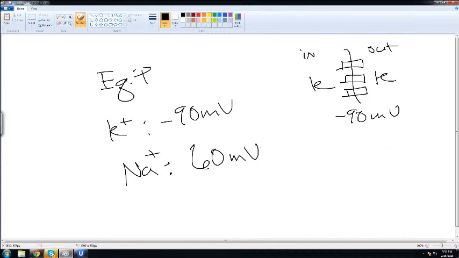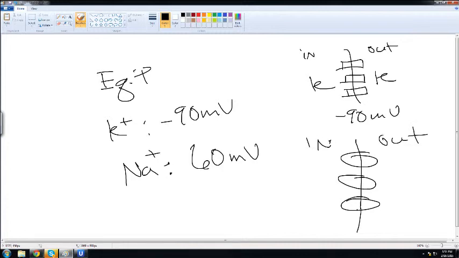Okay, so same story. If we had nothing but sodium channels in the membrane, we'll represent these by circles so we can differentiate them from the rectangular potassium channels, then if you just gave sodium free range to do what it wants, you'd have sodium on the inside, you'd have sodium on the outside, and the potential of the membrane here, the difference between the inside and the outside, would be positive 60 millivolts.